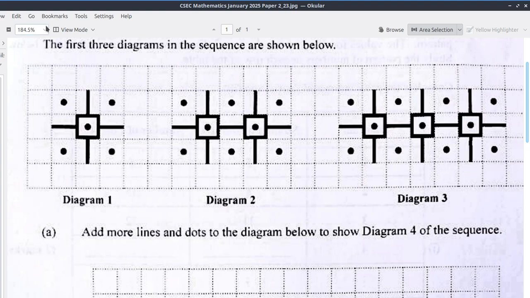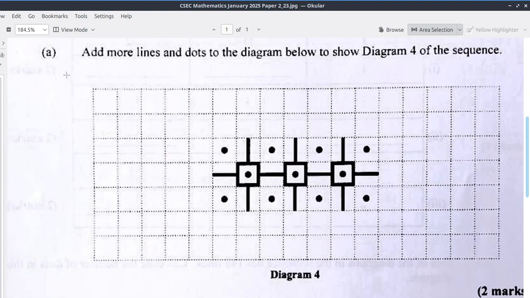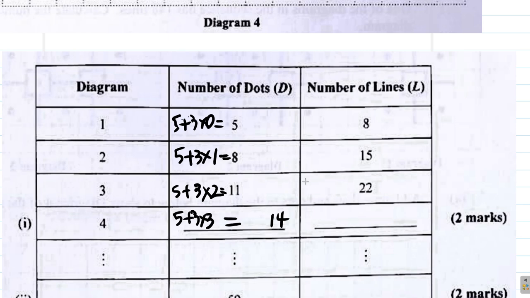So you keep adding 7 lines, right? You keep adding 7. So you started with 8. 8 plus 7 is 15. So it's 8 plus 7 equals 15.